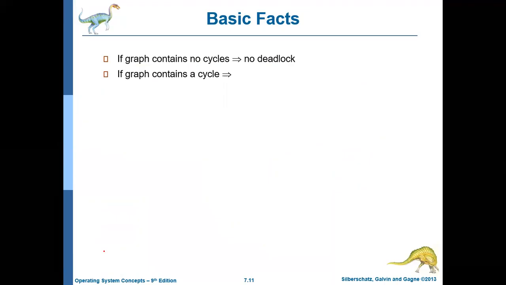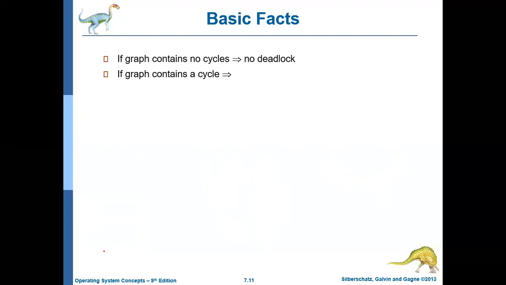The system might be deadlocked or it might not be deadlocked, okay. If there is no cycle, then you can confirm that there is no deadlock. But if there is a cycle, then you cannot confirm. There may be deadlock or there may not be deadlock, okay.